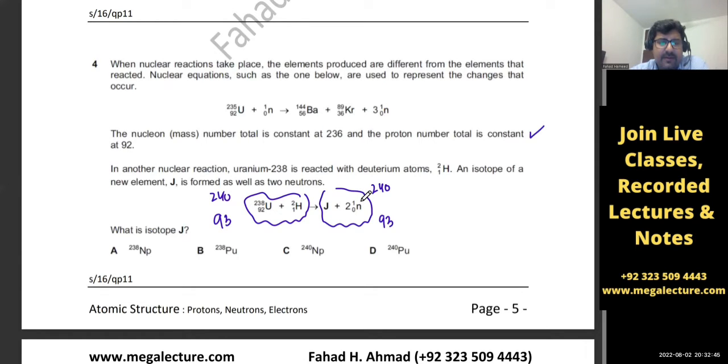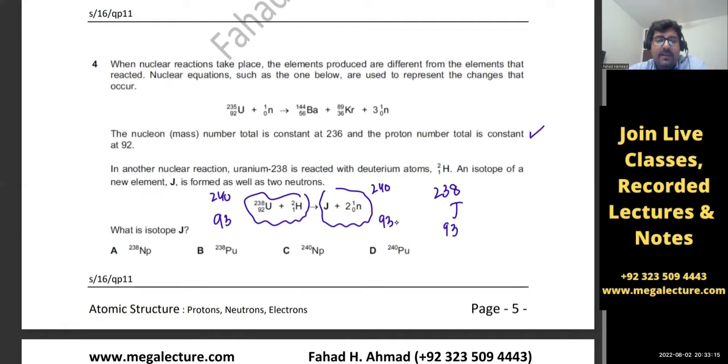We should remove 2 out of it. So J के ऊपर क्या होगा? You'll be left with 238. The top of J will be 238, and bottom पे क्या होगा? It's just going to be 93 because the neutron does not have any proton number, right? So the proton number total over here is 0, and over here the total should come out to be 93. So it's going to be 93.